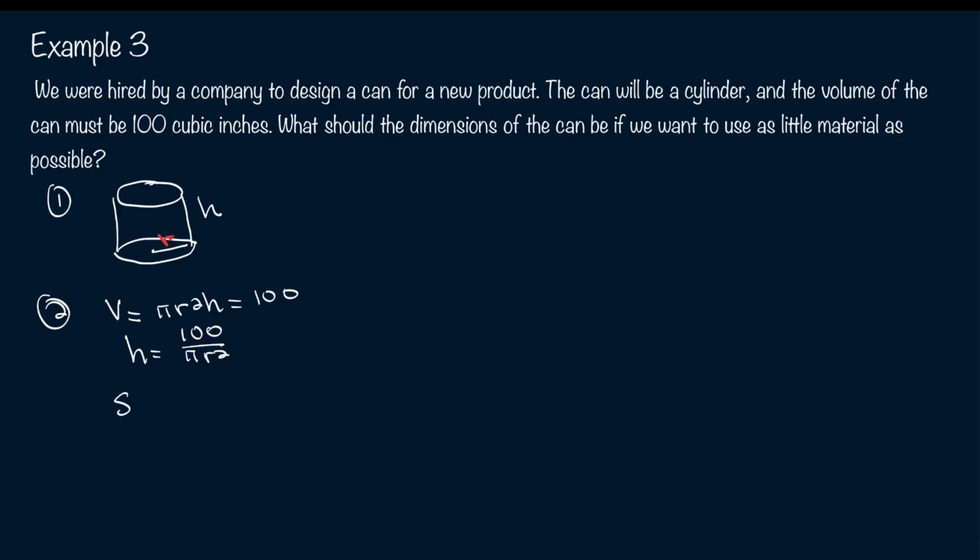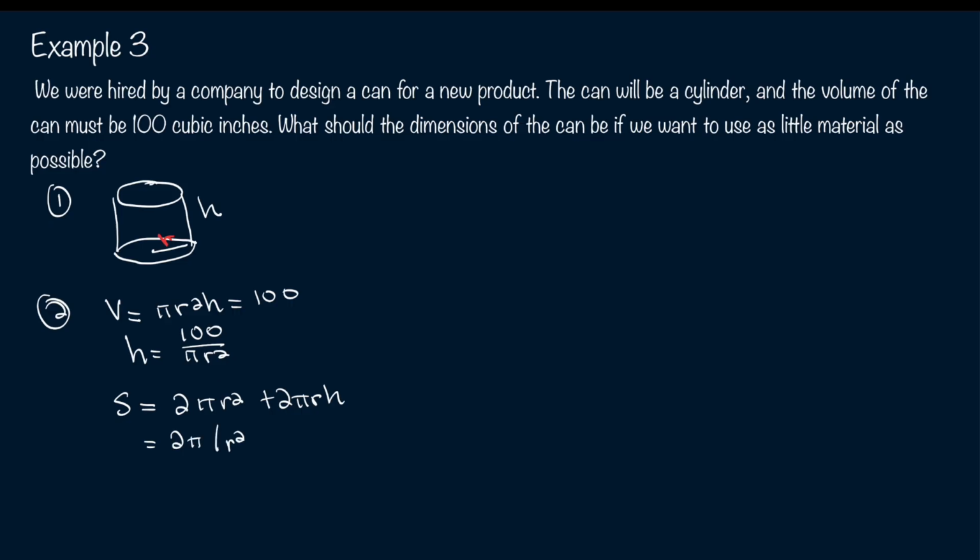So that's going to be, we can use surface area, which we know surface area of a cylinder, if we go back a couple slides, is 2 pi r squared plus 2 pi r h. Let's go ahead and plug our h back into this equation. But I'm going to make it a little bit easier. I'm going to take 2 pi out of both.